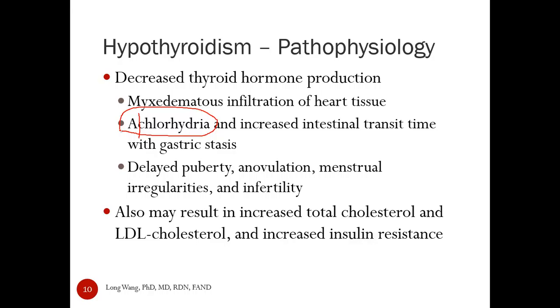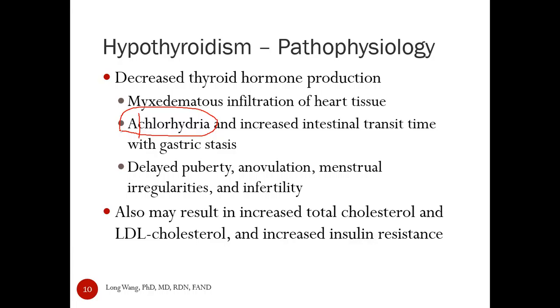We know that is a key component in the stomach secretion that helps kill germs, denature protein, and among other functions. At the same time, patients may have increased intestinal transit time with gastric stasis. So that's something that could reflect in irregular or abnormal bowel movement.